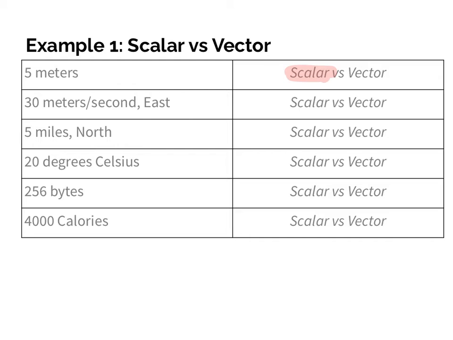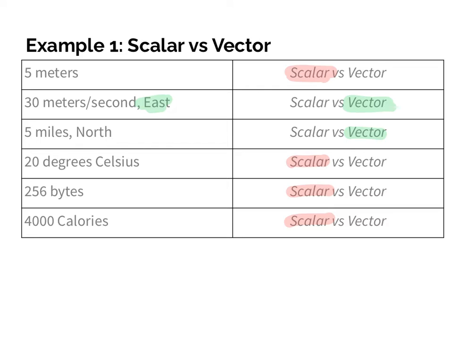Well, because we have a direction attached to that, this would be a vector quantity. Okay, next one, I have 5 miles north. Direction means vector. 20 degrees Celsius. Celsius, that's a temperature, that's an amount. That'd be scalar. 256 bytes, that's storage space in a computer. That would also be scalar. And then lastly, 4,000 calories, no direction in terms of calories, so that would also be scalar.